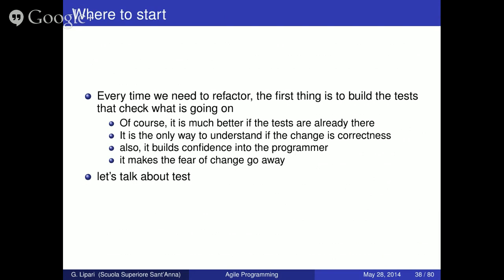We have to be confident that the restructuring is not introducing bugs. And having a solid set of tests that we can run at any time builds the confidence in the programmer and makes the fear of change go away. Because you can easily change and maybe revert the changes if you have a set of tests that tells you that you are not doing anything wrong.